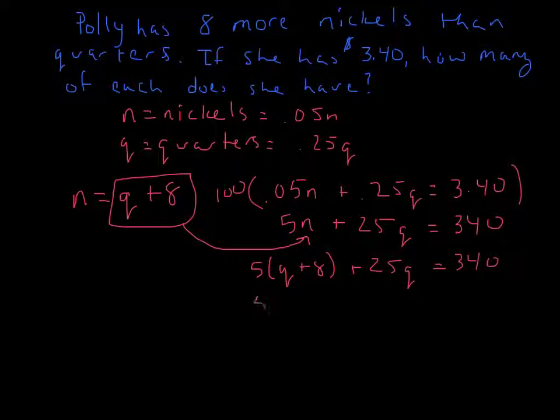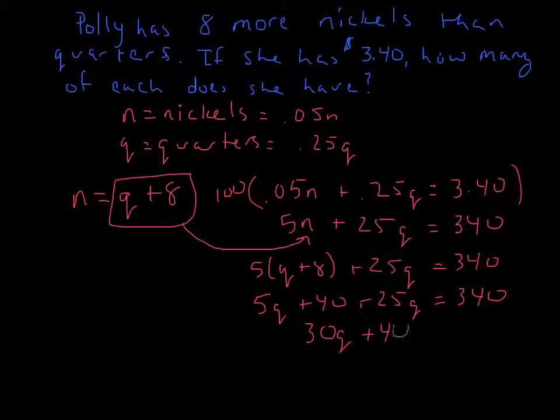Distribute: 5Q plus 40 plus 25Q equals 340. Combine like terms, we get 30Q plus 40 equals 340 minus 40.